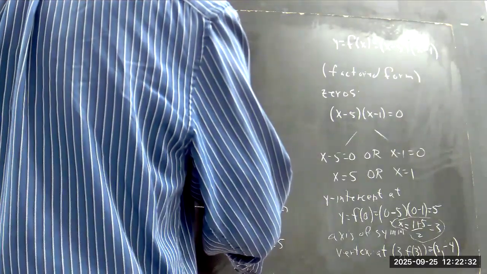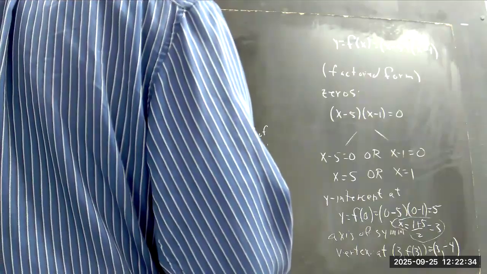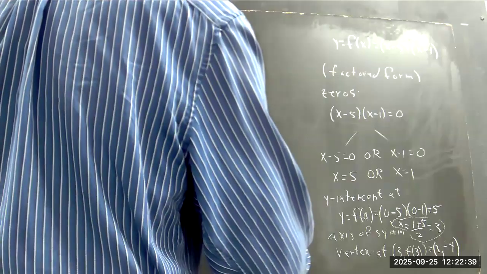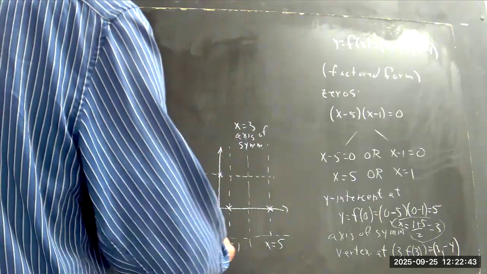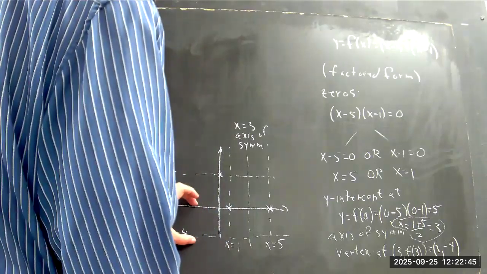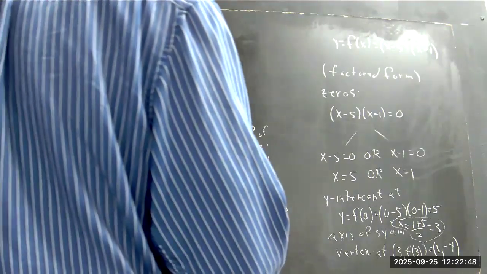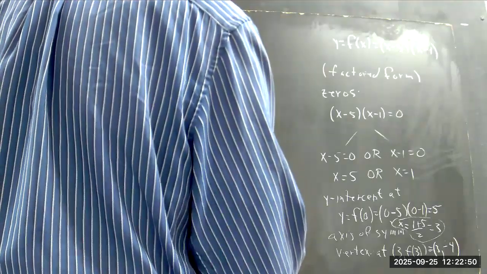So here's the y-intercept. If this is y equals 5, then y equals negative 4 will be down here somewhere. Not quite as far from the x-axis as y equals 5. Looks like I overestimated, but here's your vertex.